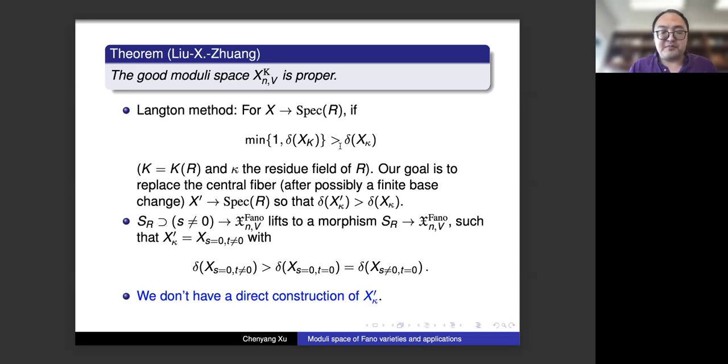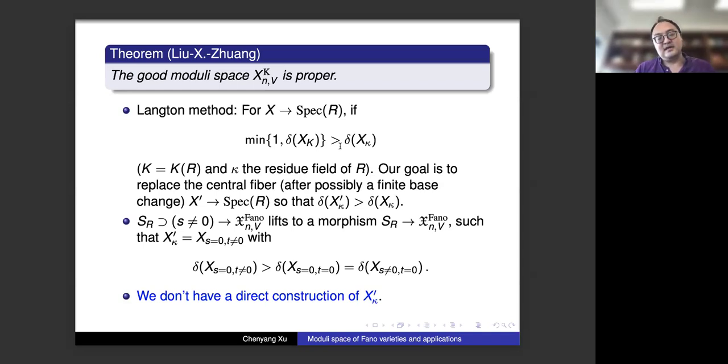So if you want to show properness, you basically have to show that if I have a family of K-semistable Fano varieties over the punctured disk, then I can fill in the fiber over the central point such that it is still K-semistable.